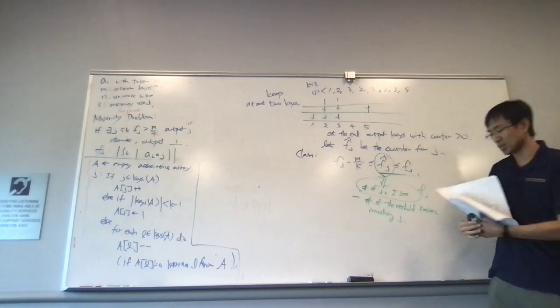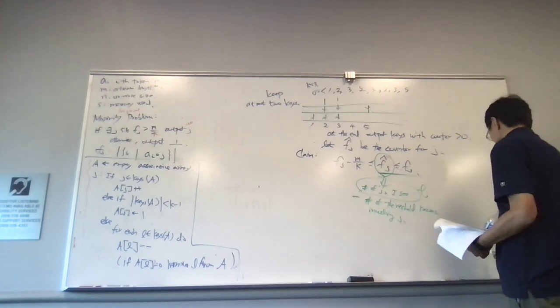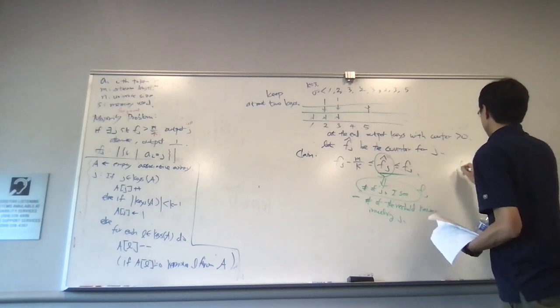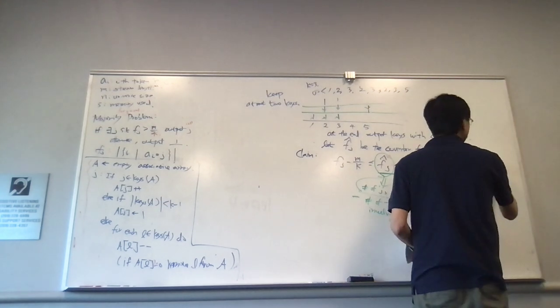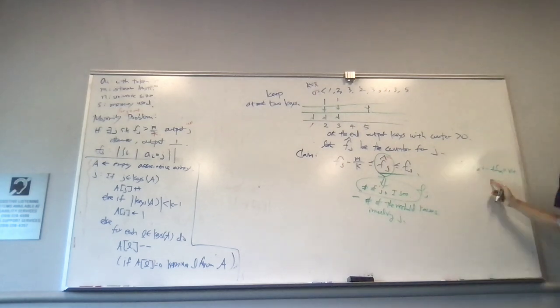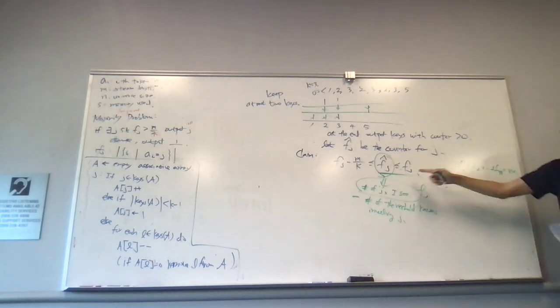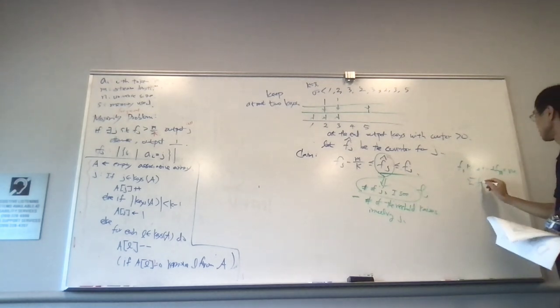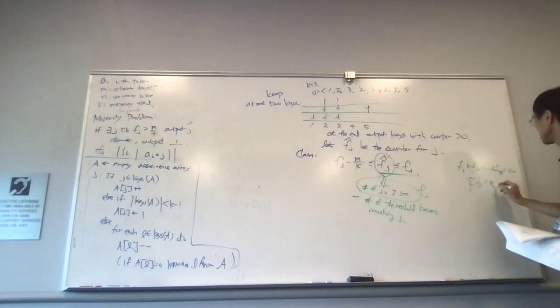But what's the total count? This is obviously m. I'm sorry, yes, this is m. So the total frequency, the sum of f_j, must be m.